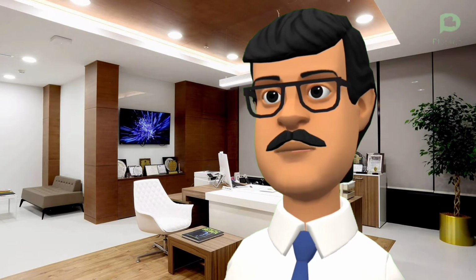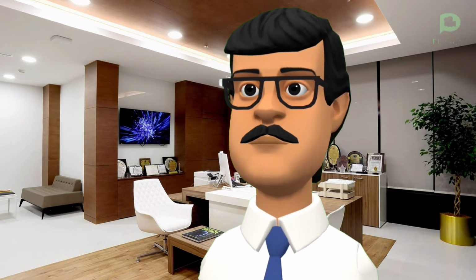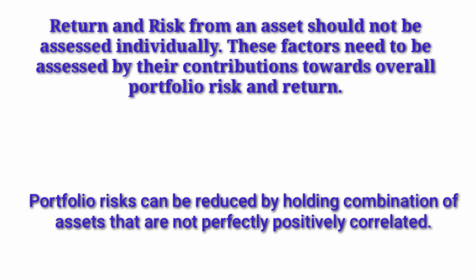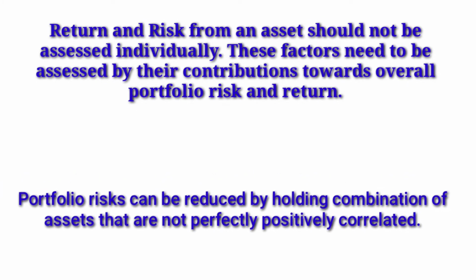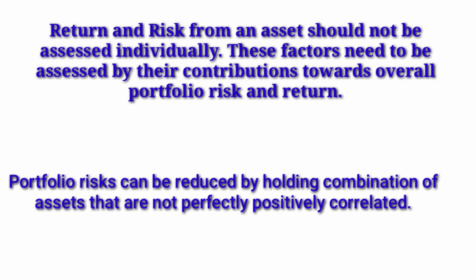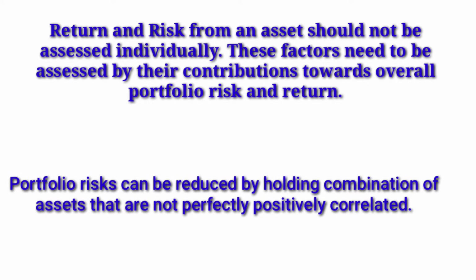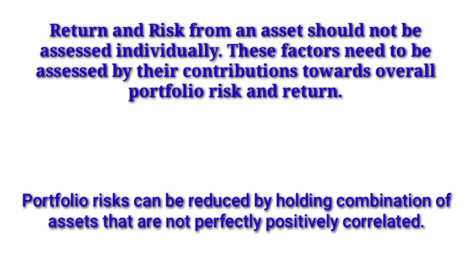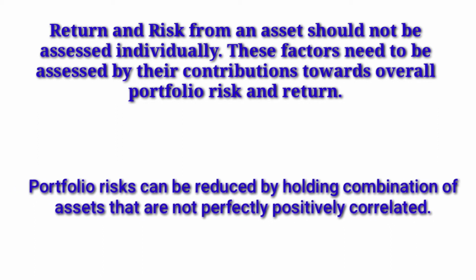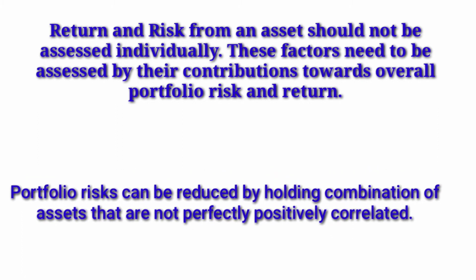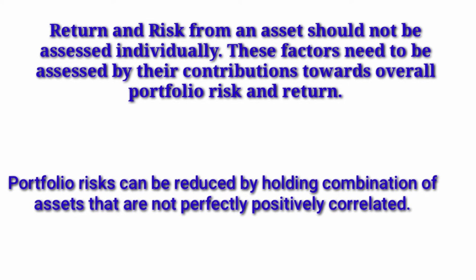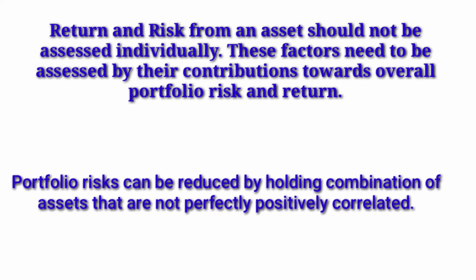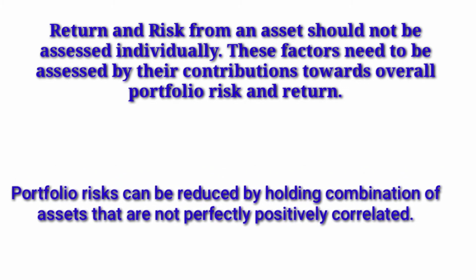Markowitz observed that return and risk from an asset should not be ascertained individually. Instead, these two factors have to be assessed by their contributions towards overall portfolio return and risk. Rational investors will not invest in a portfolio if a second portfolio exists with a more favorable risk expected return profile.